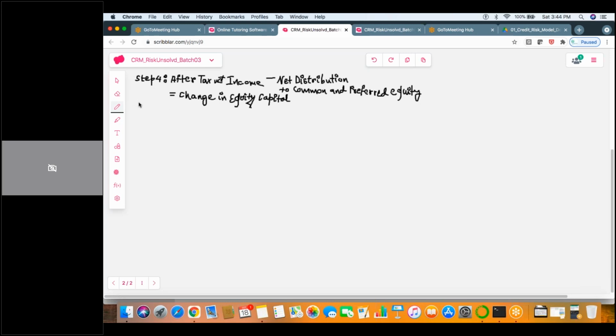So the final step that I have over here is step 5, because this change in the equity capital will impact the change in the regulatory capital, right?